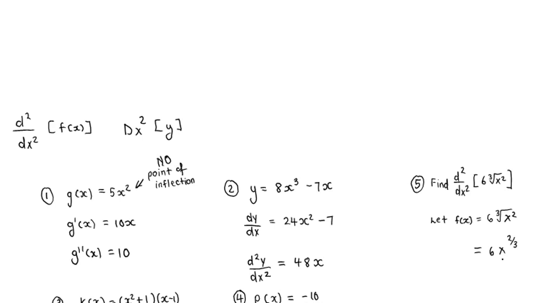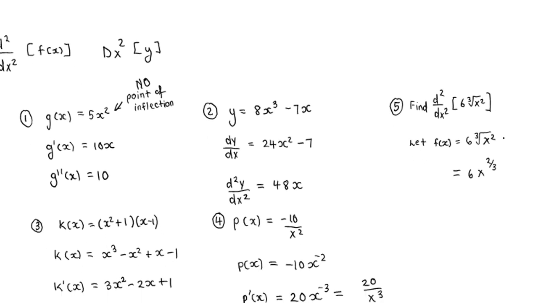Because we need to take the derivative and they've represented it with d squared by dx squared, I'm going to say f of x equals y. That allows me to say dy by dx equals 6 times 2 over 3, times x to the exponent 2 over 3 minus 1.